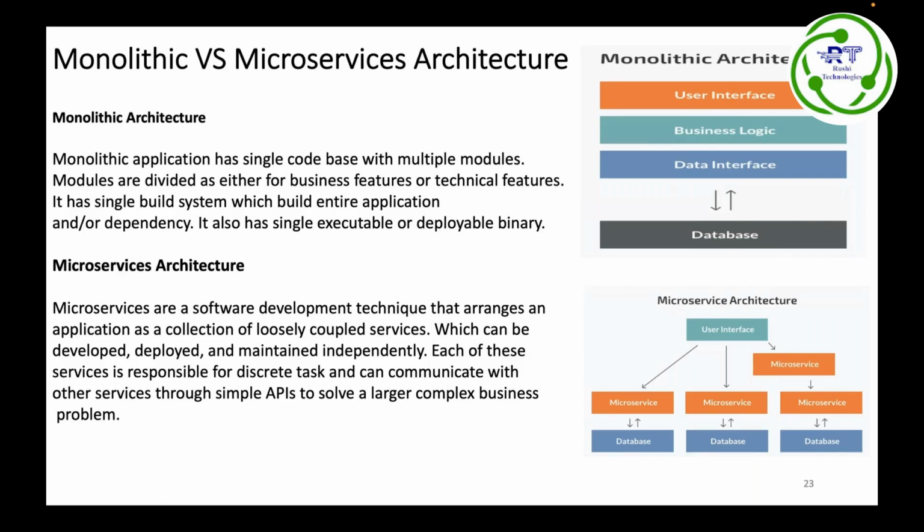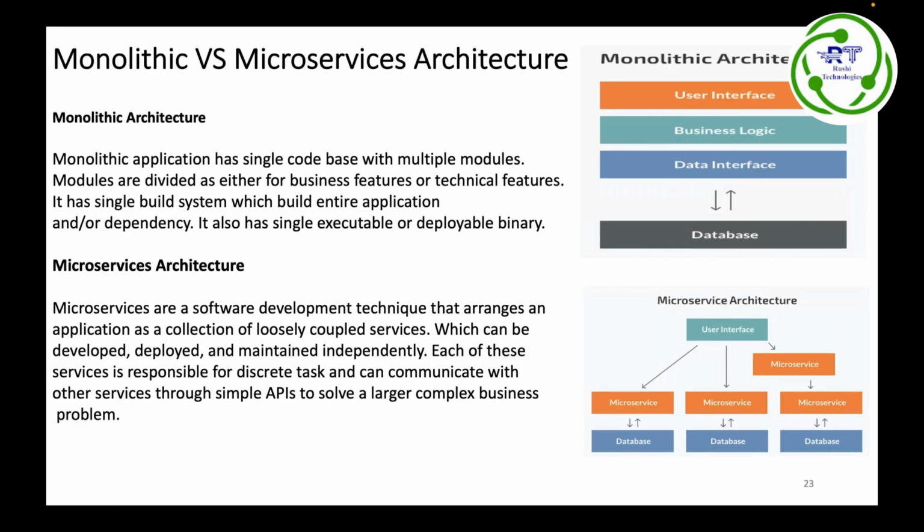At the end of the day, all these services have to work together. Even though you are developing login, registration, payment, and order separately, all these services have to work with each other.